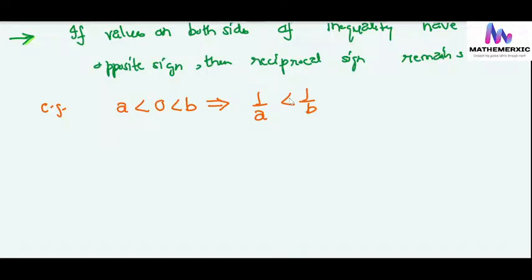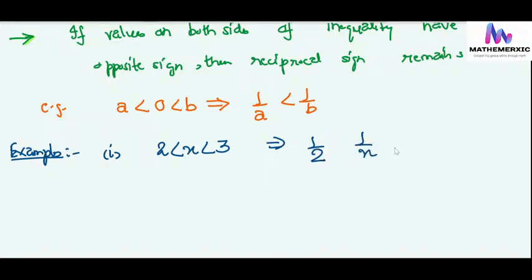Now there are a few examples here that we'll try to understand. Examples. The first example is 2x like this. So directly it will be half, 1 by x, 1 by 3 is greater than, directly we can put it here. Okay.